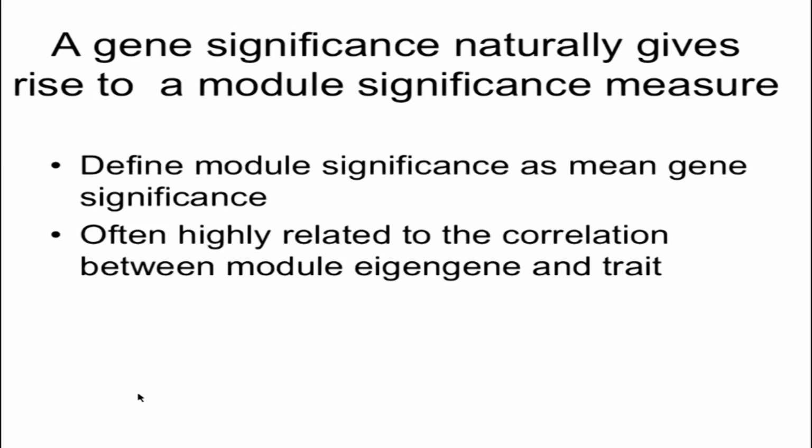Why do we do that? Why do we need module significance measures? Well, because we want to find the interesting modules, right? We want to find modules that relate to your clinical trait, for example, or modules that are enriched with certain significant genes that we care about.